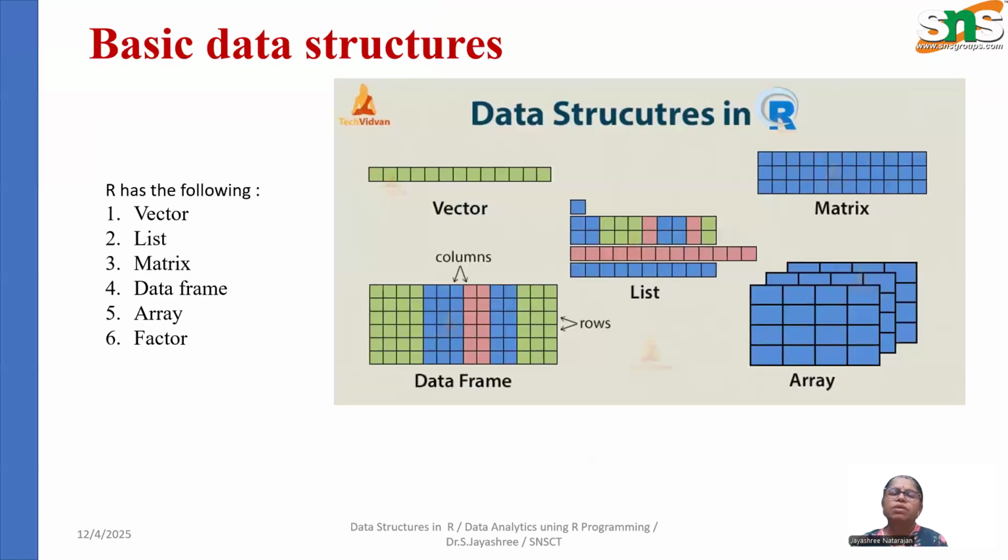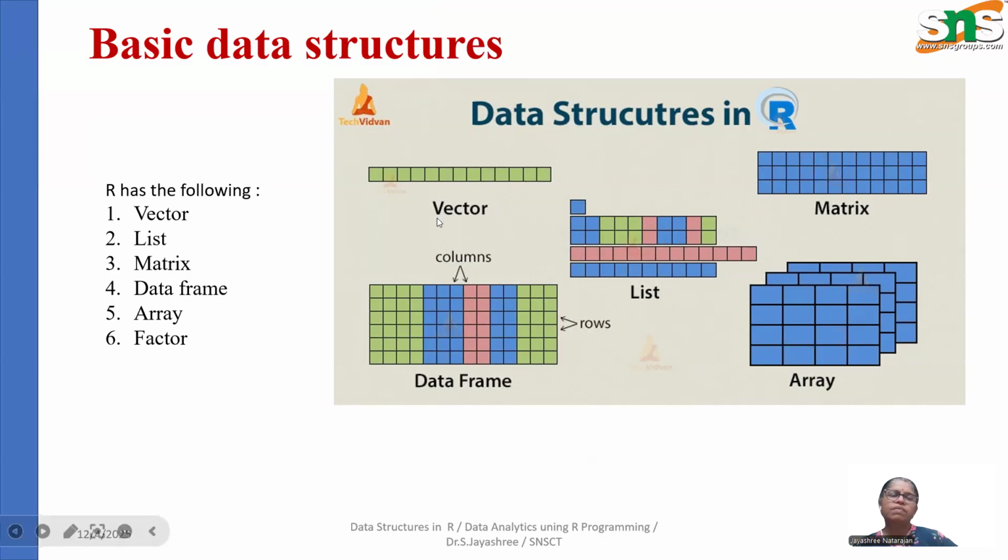Look into this picture. On the left side I have listed the main data structures: vector, list, matrix, the fourth one is data frame, the fifth one is array, and the sixth one is factor.